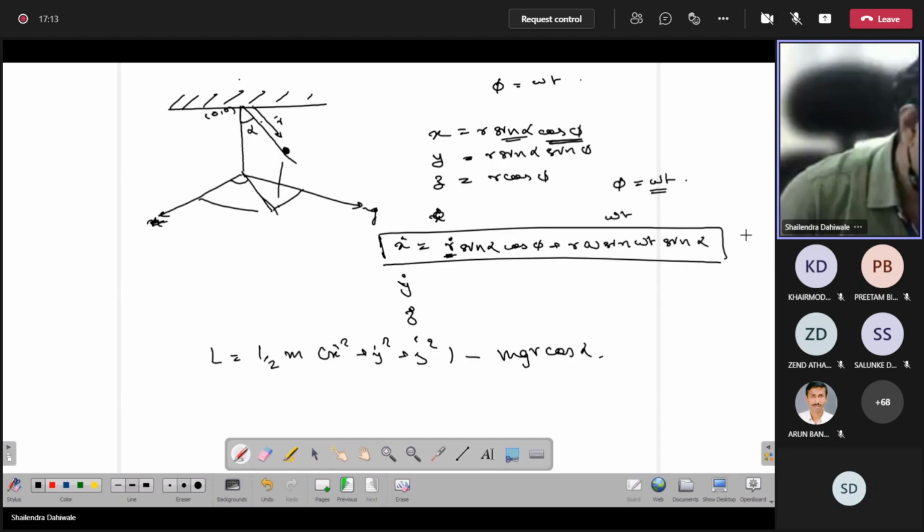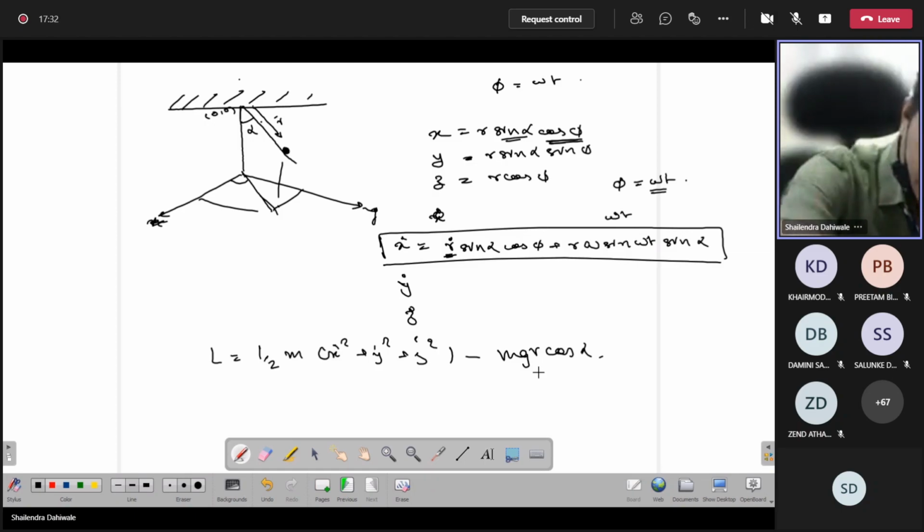So today we will derive how to get this equation of motion. Our ultimate goal is to get equations of motion, right?